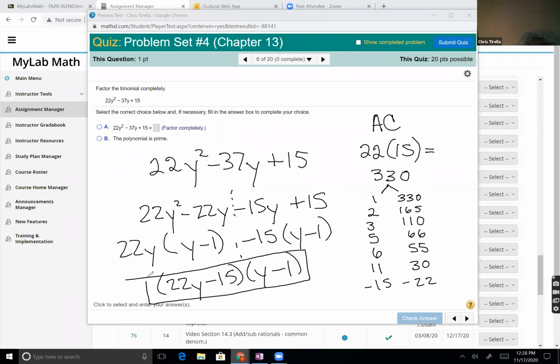That's one that would confuse me, that I wouldn't want to include the 22y, but, oh yeah, never mind. I see it. 22y is part of the factor.